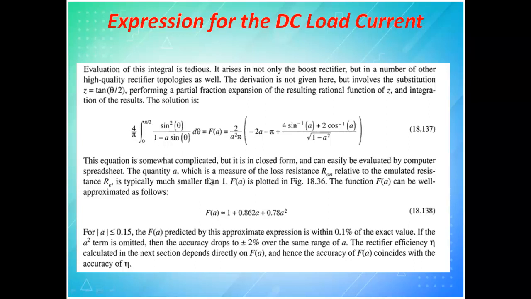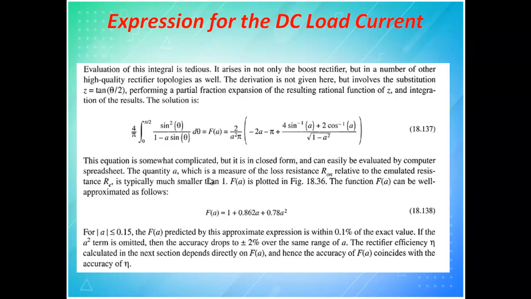The evaluation of the integral is a little bit tedious. It arises not only for the boost but for other controllers also with a high quality rectifier. The derivation is not given here, but involves the substitution z equal to tan of theta by 2. All such things are a little bit tedious.